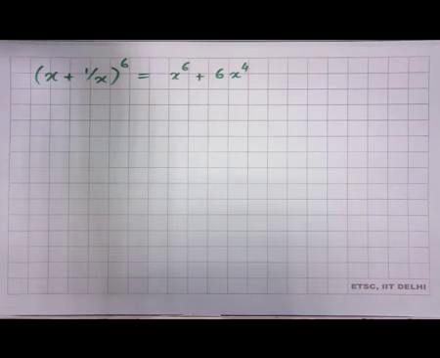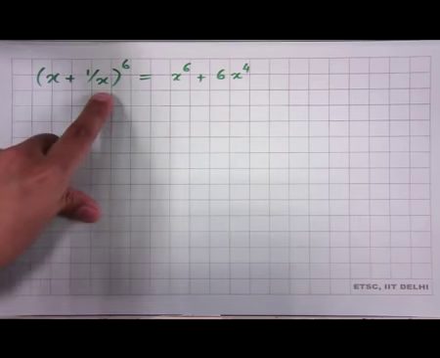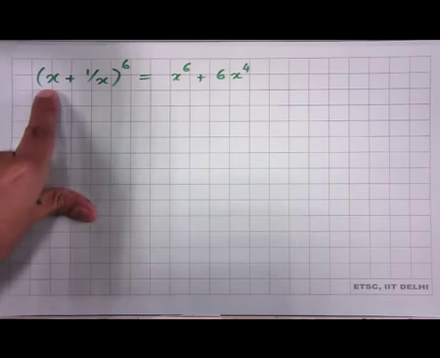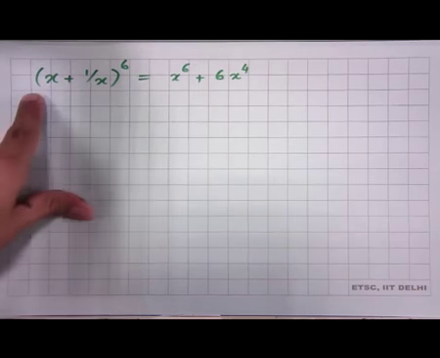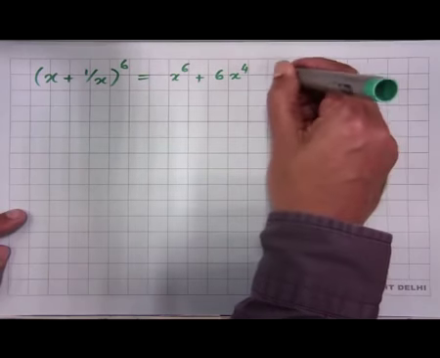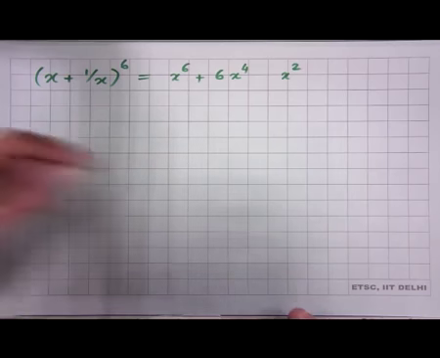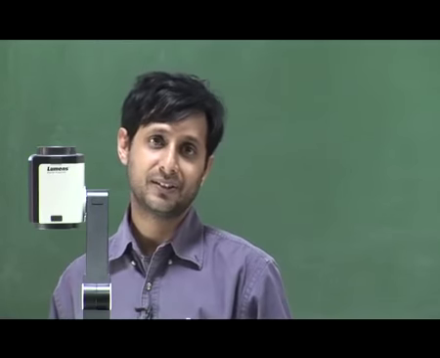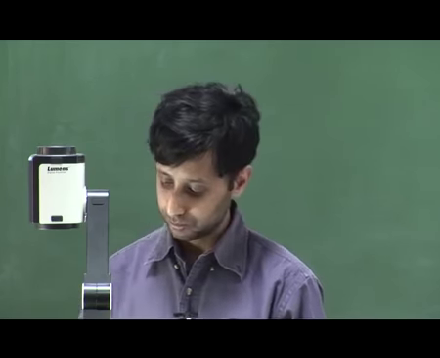Then the next time around you pick x 4 times and 1 by x twice. So, x 4 times means x power 4, 1 by x twice means 1 by x squared, x power 4 times 1 by x squared gives you x squared. And how many different ways can you do this? 6 choose 2, 6C2. So, that is 6 into 5 by 2.